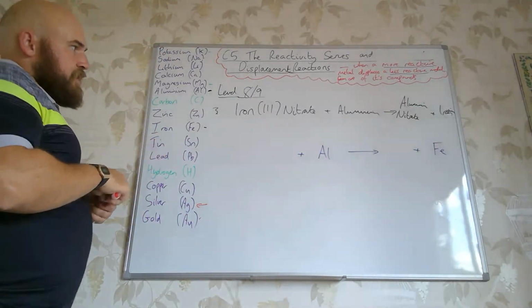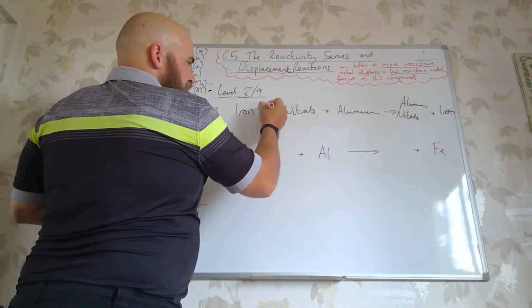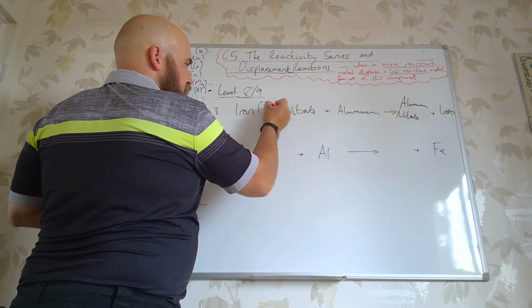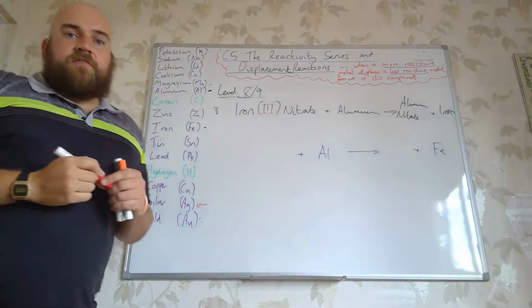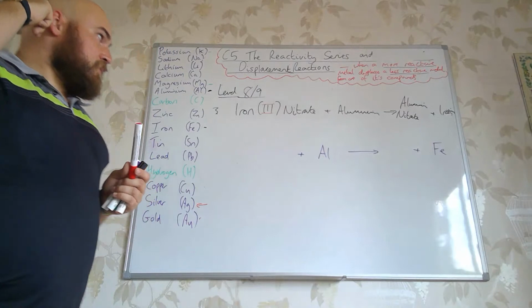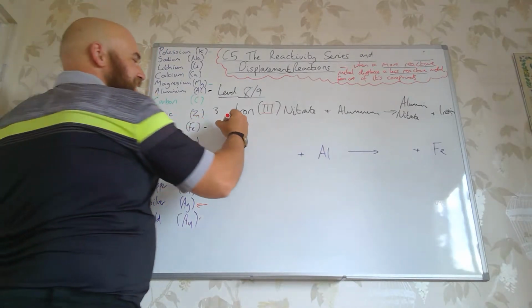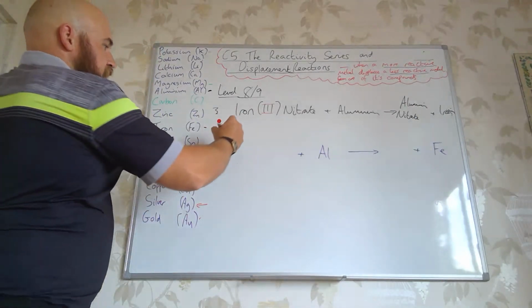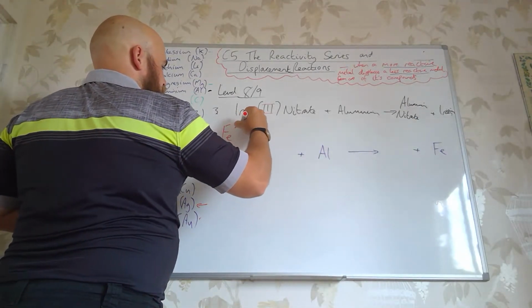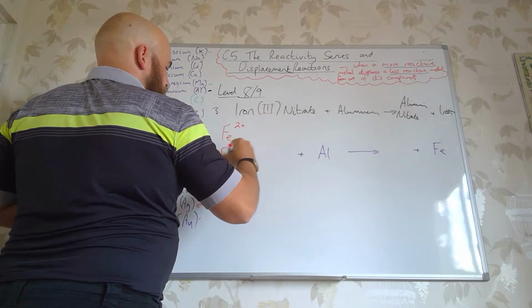First thing I'm going to bring your attention to is it says iron 3. This is actually a Roman numeral 3, and the Roman numeral tells you what the charge on the iron ion is. You'll notice in your table, you've got Fe2+, and you've also got Fe3+.